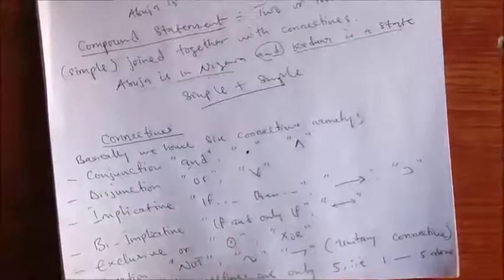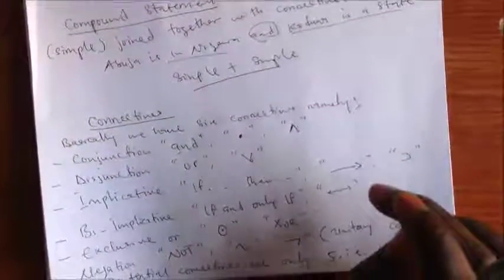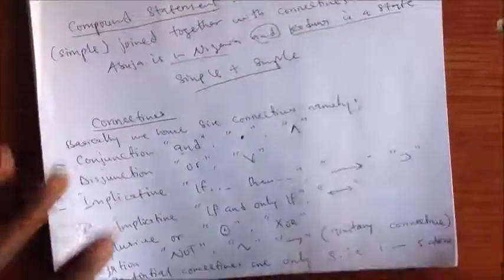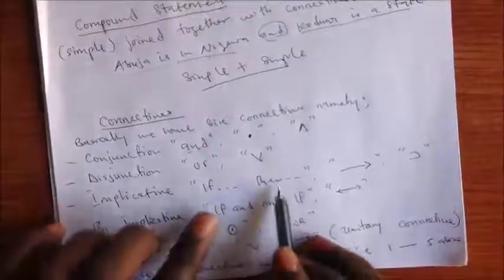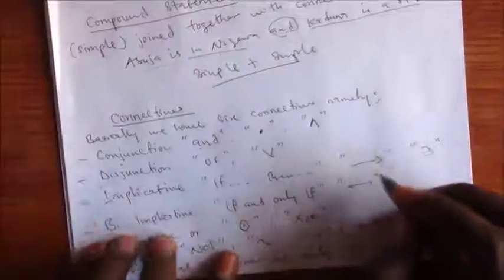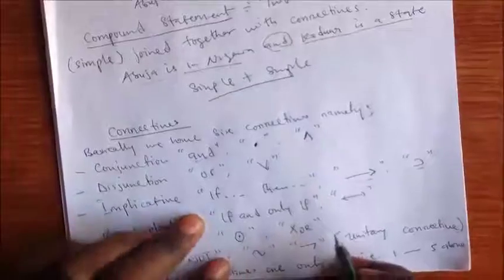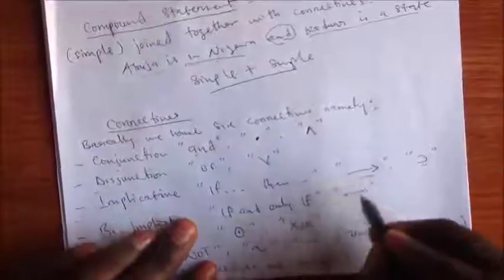In case Kaduna is not a state, that means Nigeria can probably not be a country. You understand? That's what we mean by an if-then statement. It's called implicative. This is the symbol of implicative, or this. Anywhere you see this, remember implicative: if, and if then.